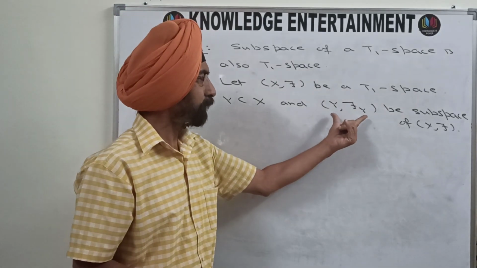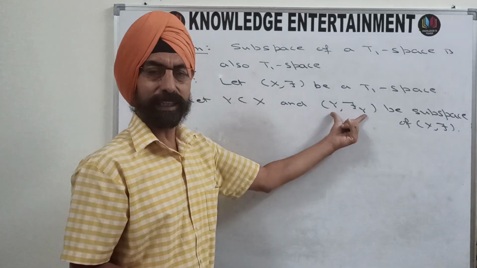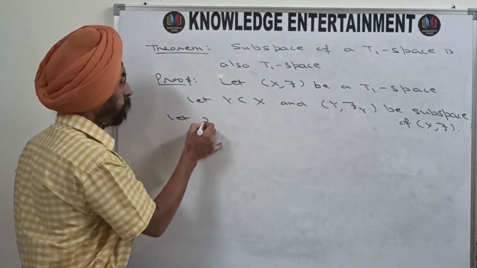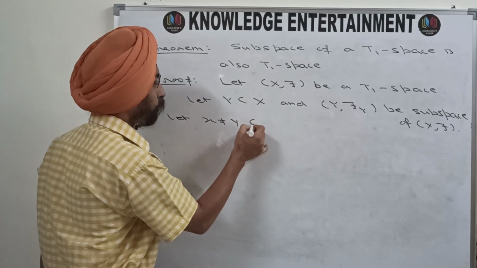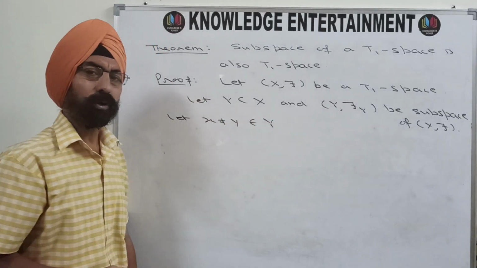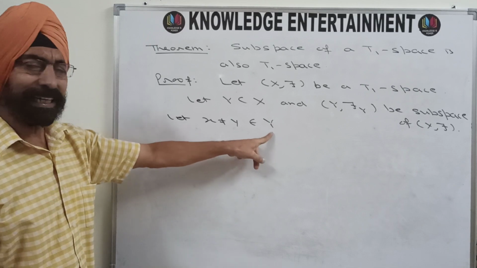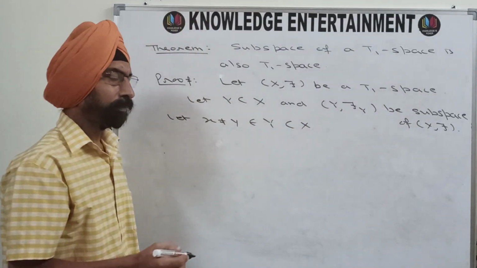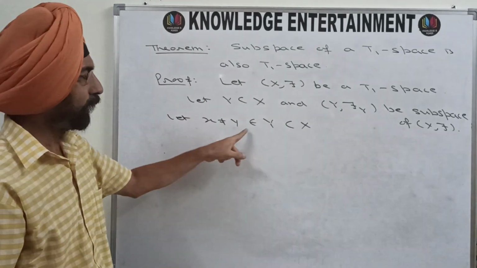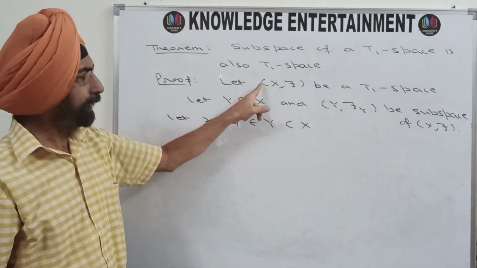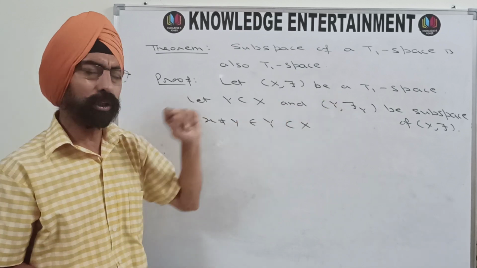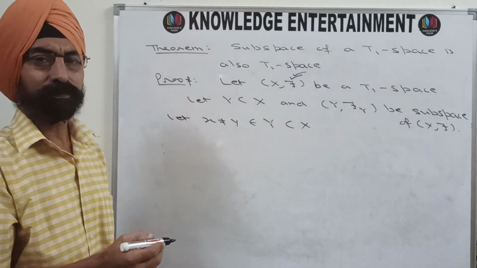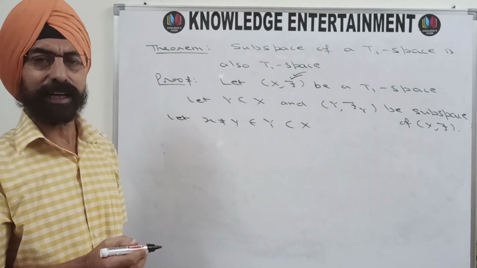So I'm starting by taking two distinct elements from Y. Let x not equal to y be two elements of Y. But Y is a subset of X, so x not equal to y are also members of X. But (X, tau) is a T1 space, so there must be tau open sets G and H, each containing one of them and not the other.